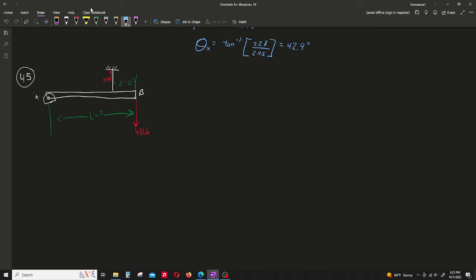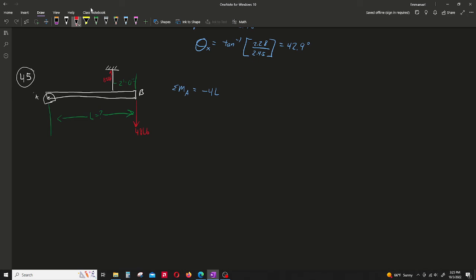So the moment is equal to minus 4L, and I forgot to actually write that on there. That's why I was confused, because I was missing something.